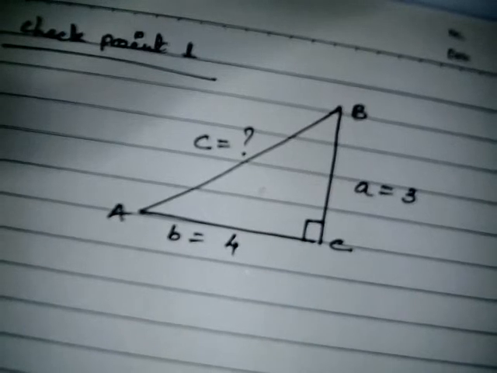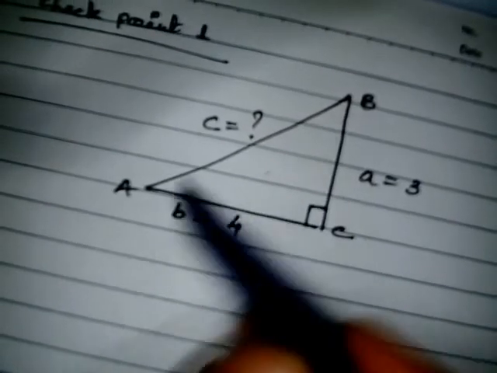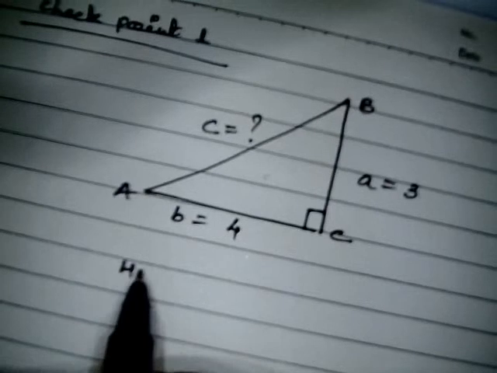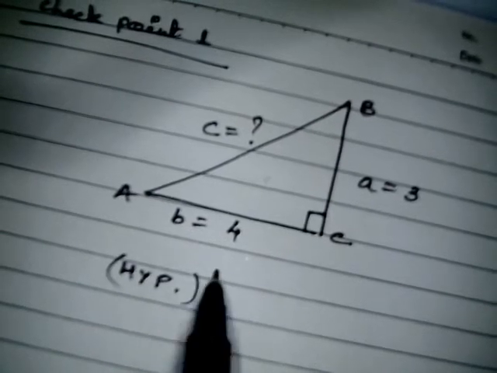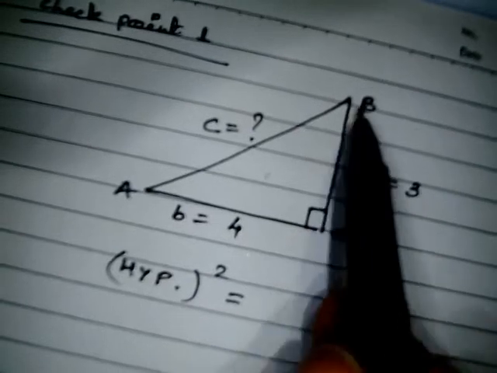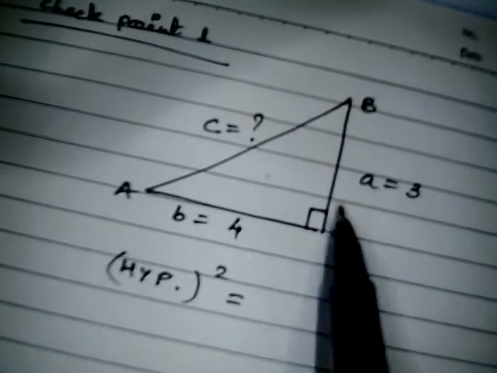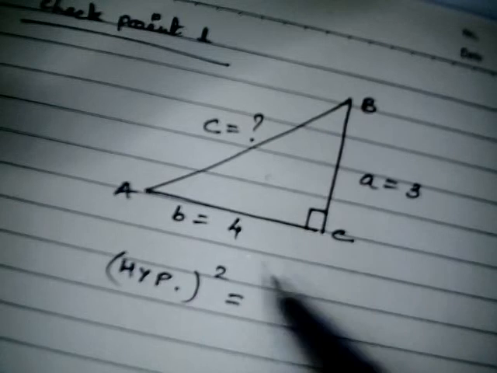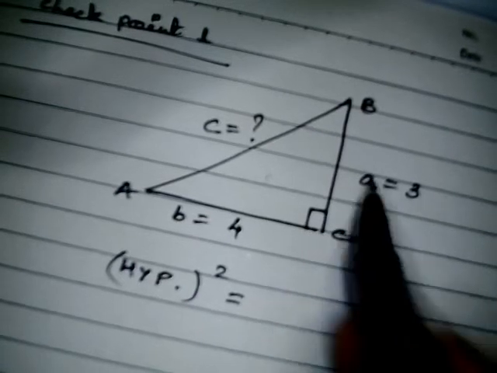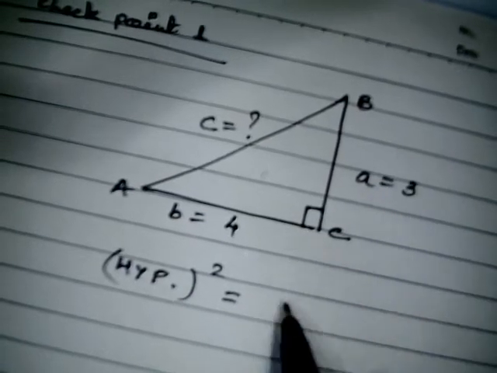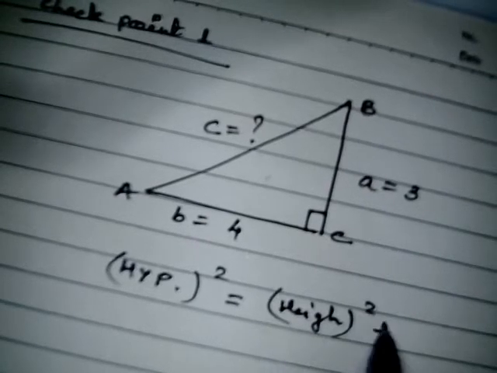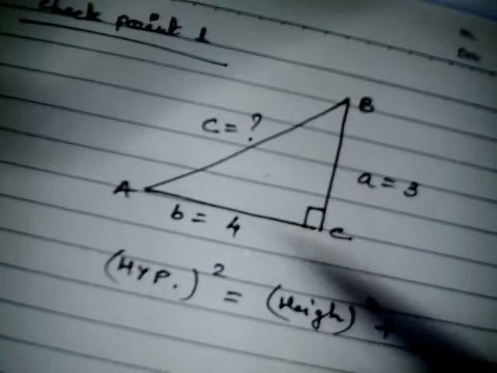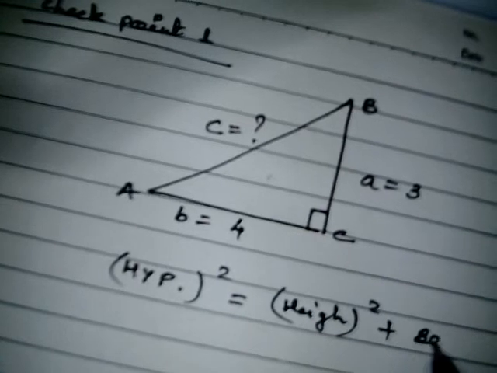What is the relation? The relation is hypotenuse square. I'm going to write in the short form for hypotenuse, height. Hypotenuse square is equal to this perpendicular square, the height which is vertical, height square, plus this is called base, you can say adjacent, base square.